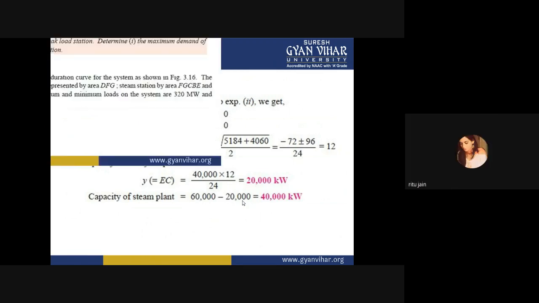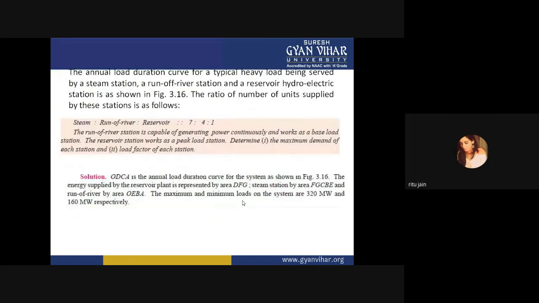Now, the next question: the annual load duration curve for a typical heavy load being served by a steam station, a run-off river station and a reservoir hydroelectric station is shown in figure 3.16.